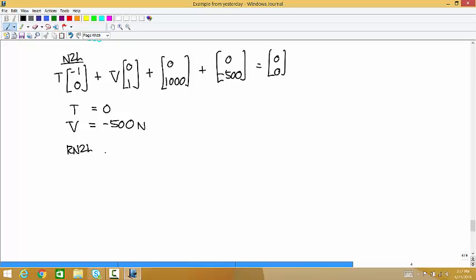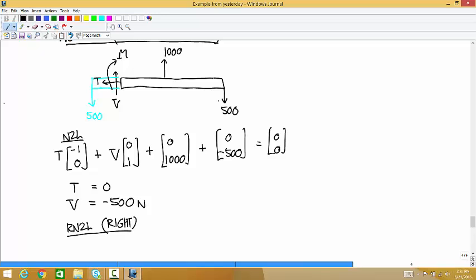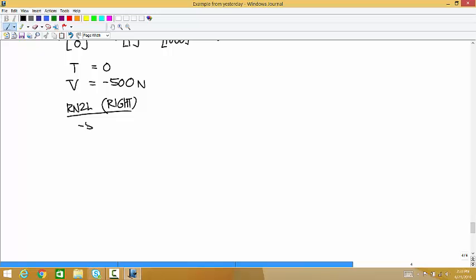And the moment equation, let's do that calculation around the right endpoint. So the 500 doesn't produce any moment. The 1,000, there's a moment arm of 0.5. And if this is the about point, would that 1,000 Newton force make it rotate clockwise or counterclockwise? Yep, clockwise, so we have negative 500.